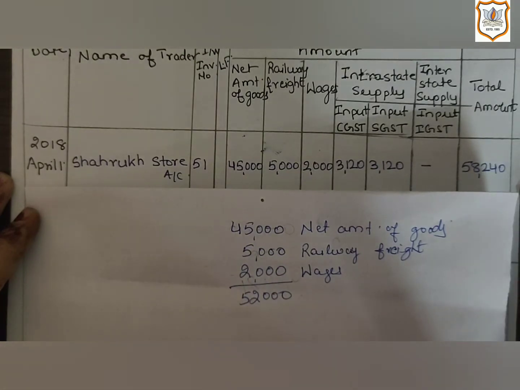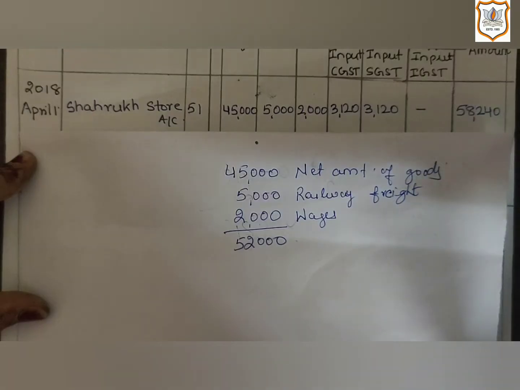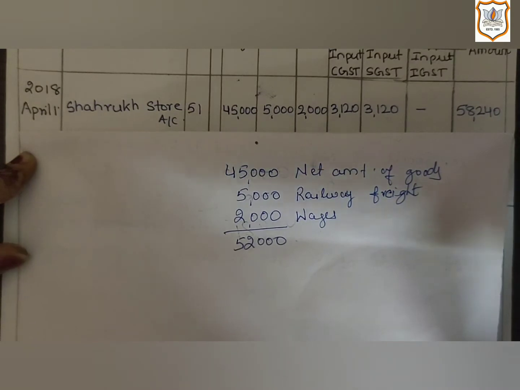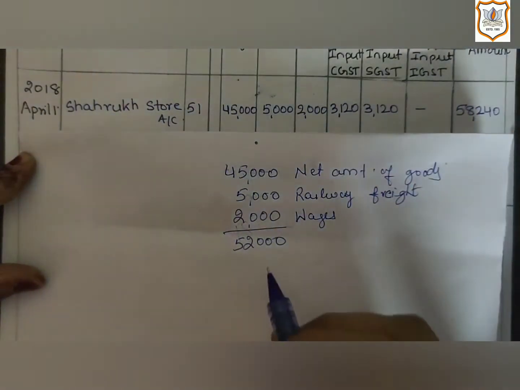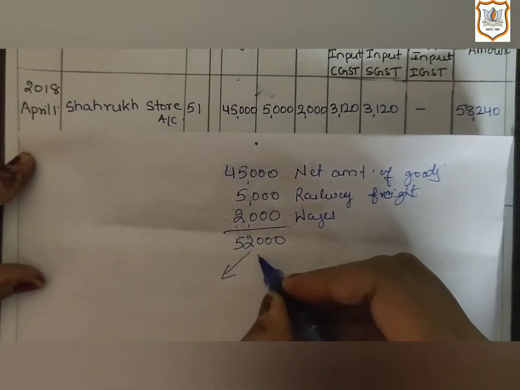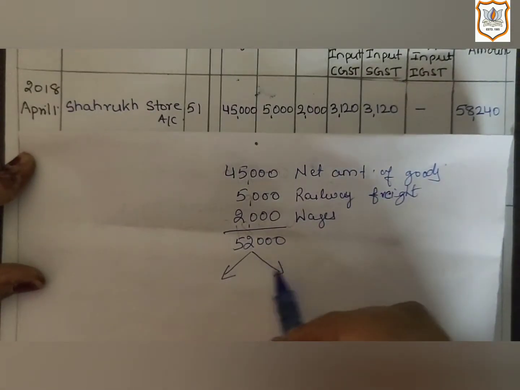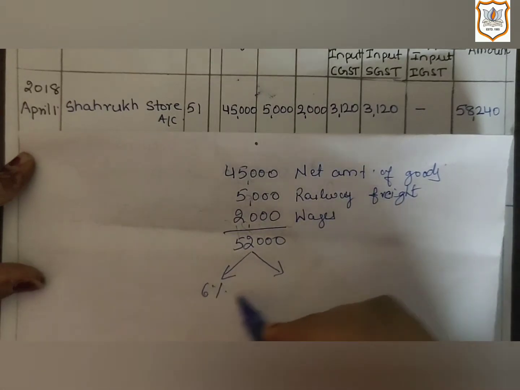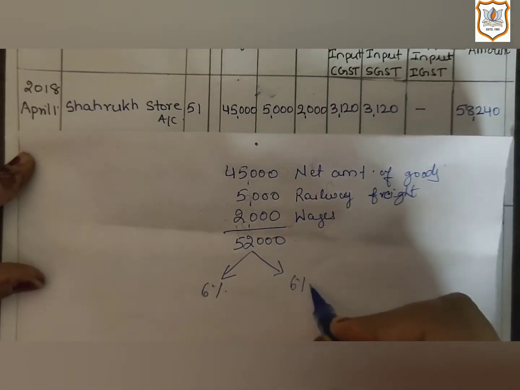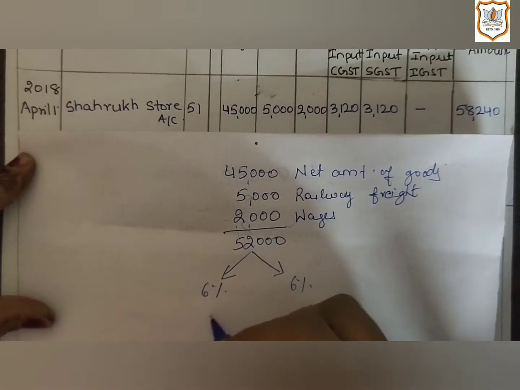So on 52,000 we have to calculate CGST and SGST. Now in the question, we are given the total GST rate, that is 12%. But as here CGST and SGST are applicable, we have to divide it into two categories. That means half of 12%, 6% will go to the central government and 6% will go to the state government.